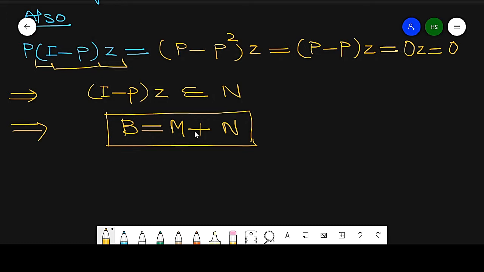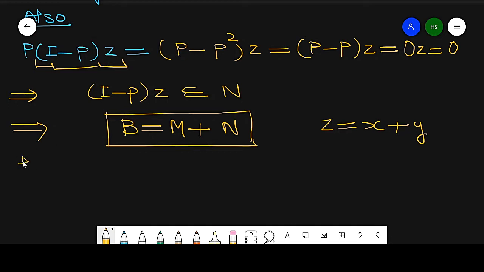Now after that, this expression should be unique. This is a decomposition: we decompose Z in terms of x plus y, where x belongs to M and y belongs to N. So this expression should be unique.